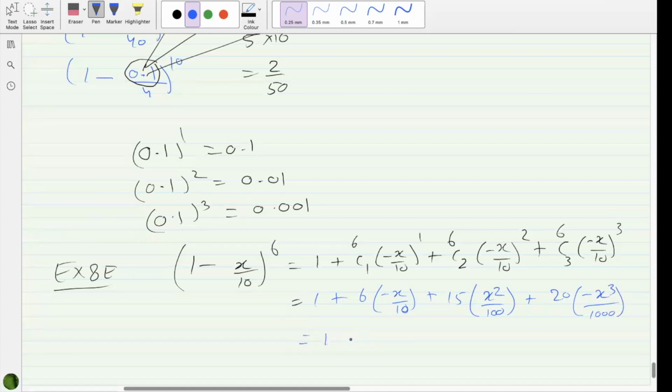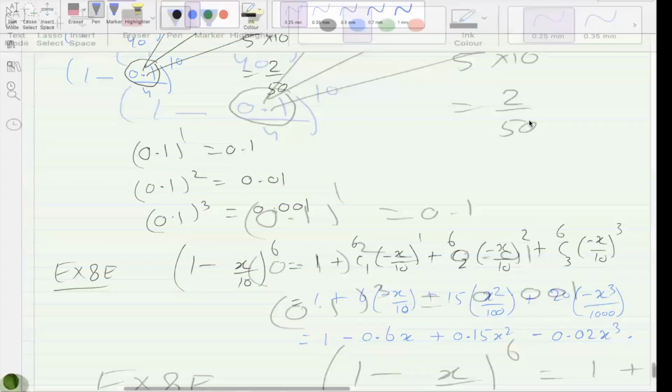So 1 plus 0.6, and this was negative. So 1 minus 0.6x, then plus 0.15x square, then 20 divided by 1000, minus 0.02 x cube. Now this is the first part.